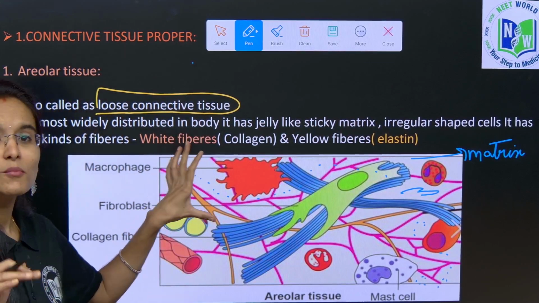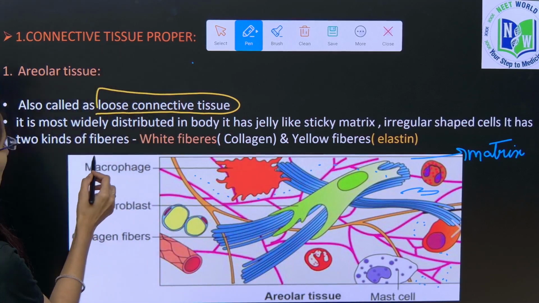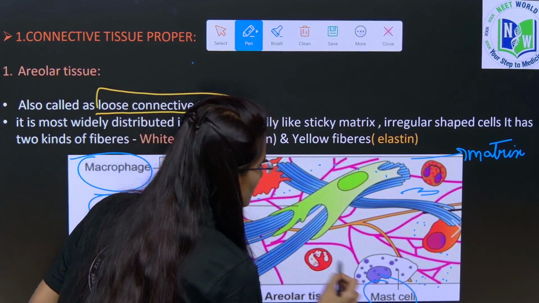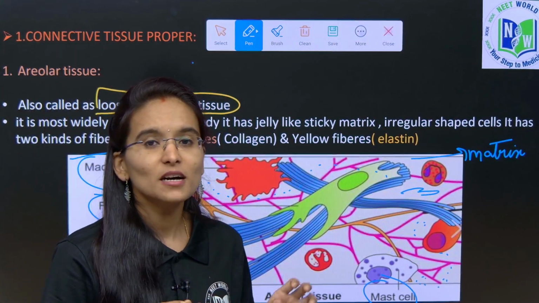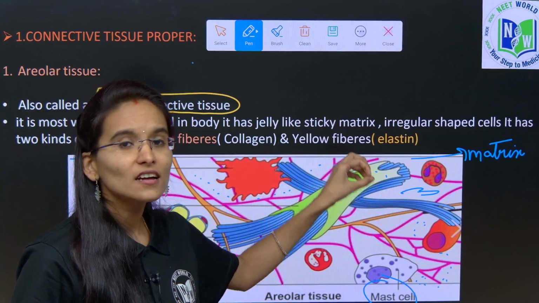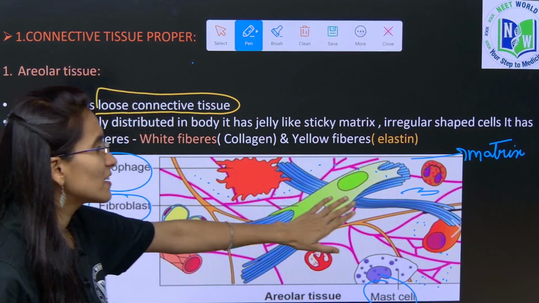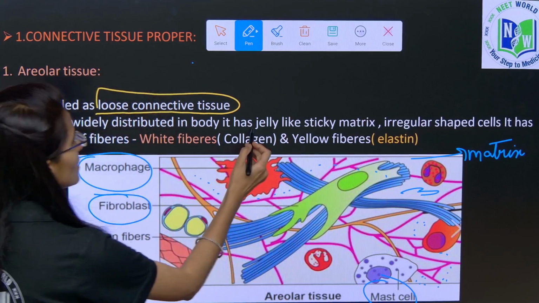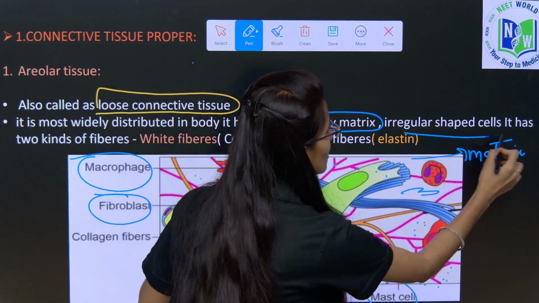We can see three most important types of cells present in the areolar tissue: macrophages, fibroblasts and mast cells. Clear, children? All these cells are suspended freely in the matrix, and the matrix present in the areolar tissue is very sticky in nature. It is a jelly like sticky matrix.